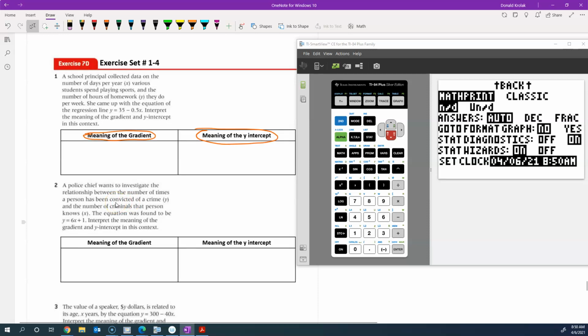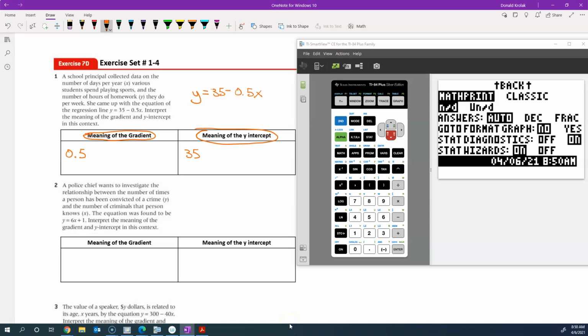So for example, if we were doing this problem right here, if you turn to 7D, you got 35 minus this. Okay, so the gradient in this case is 5/10, and the y-intercept in this case is 35.